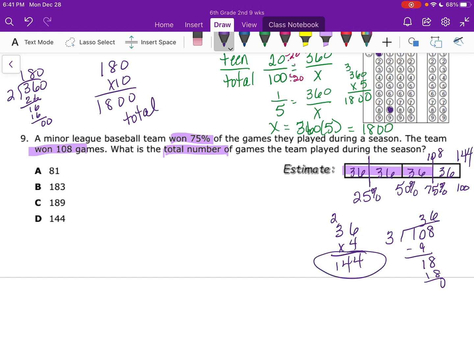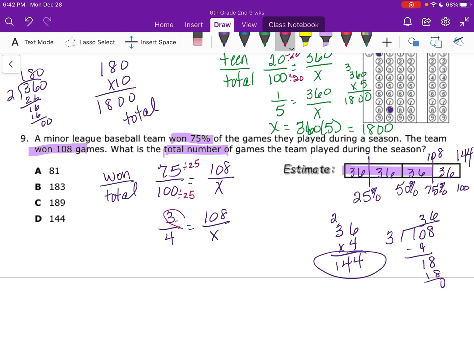All right, so our proportion would have been part to total. So 75% or 75 per 100 equals 108 over x. I'm going to simplify. That's going to be 3/4.